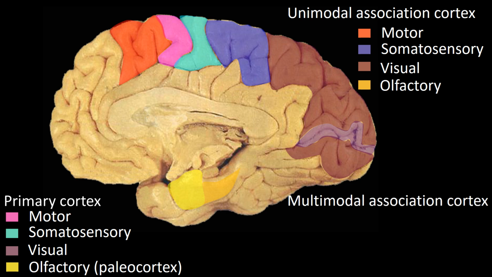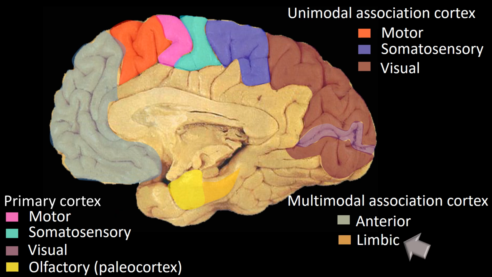Only two multimodal association cortices are present in the mesioinferior surface of the brain. The anterior multimodal association cortex, located anterior to the supplementary motor area, anterior to the genu, and inferior to the rostrum of the corpus callosum.